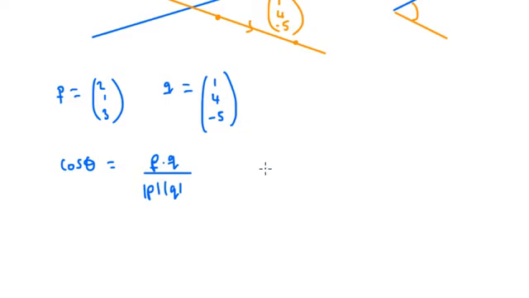The dot product is going to be 2 times 1 plus 1 times 4 plus 3 times -5, which is -9.